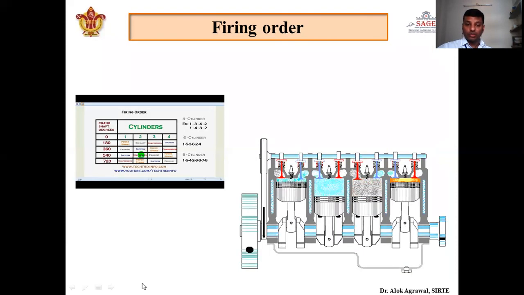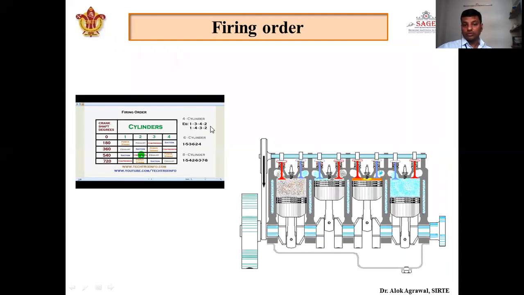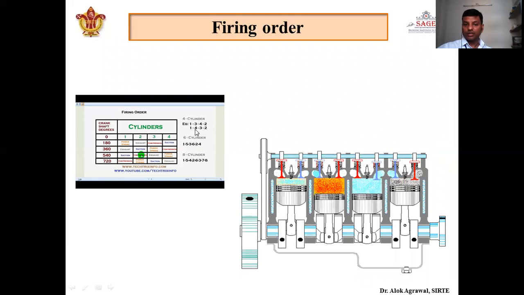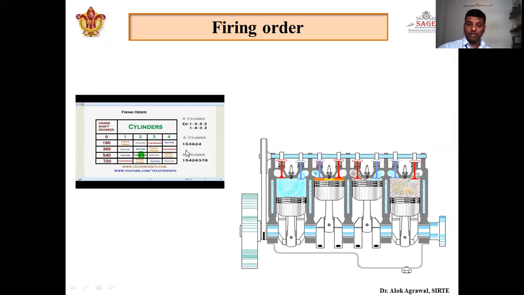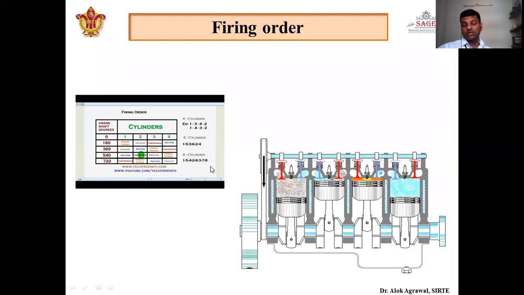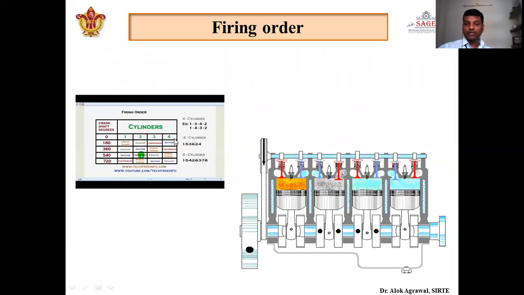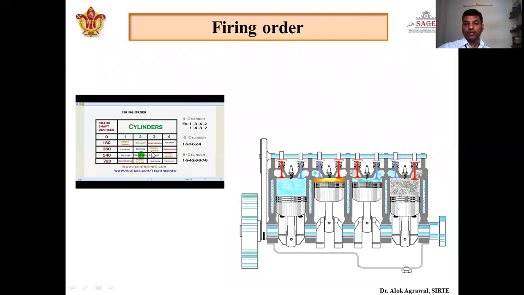It has come out that for a four-cylinder engine, the best firing order is 1342 or 1432. Either can be used. Whereas for a six-cylinder engine, it can be 153624. And in case of an eight-cylinder engine, it can be 15426378. So all this data is from experimental analysis on the basis of those three factors.